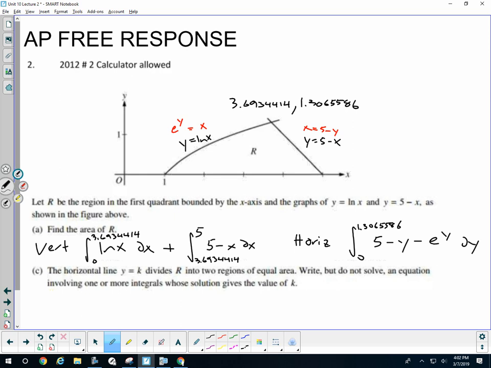Make sure you solve for x equals y. Okay, I got them both.